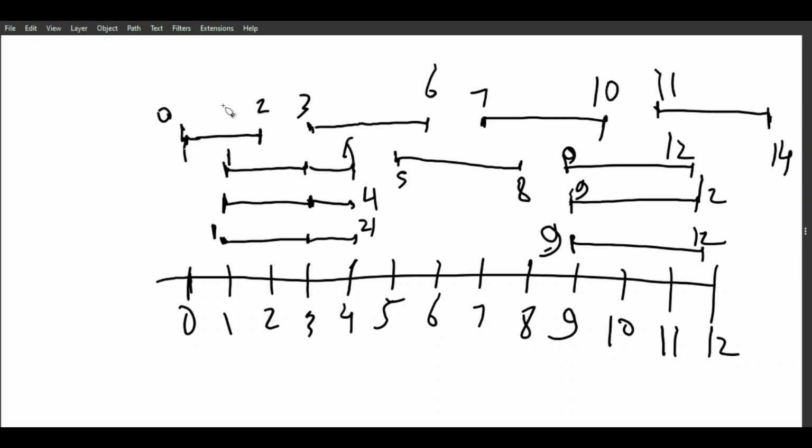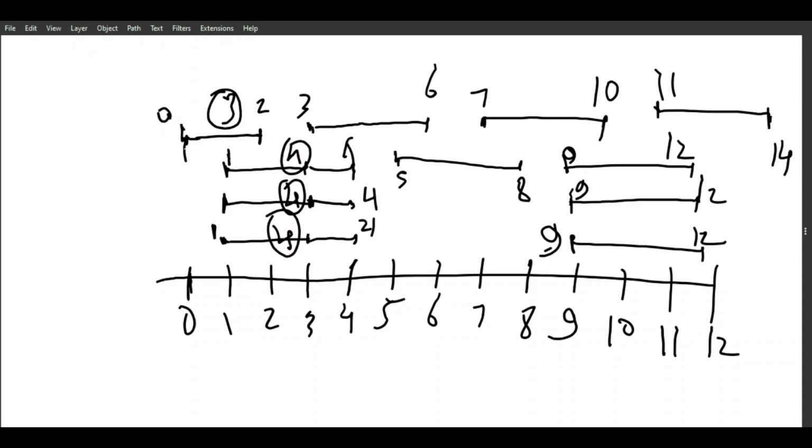How many intervals are overlapping? 1, 2, 3. So right here 3. Similarly compute for each. For this, number of conflicts 1, 2, 3, 4. Similarly for each, 4 each.